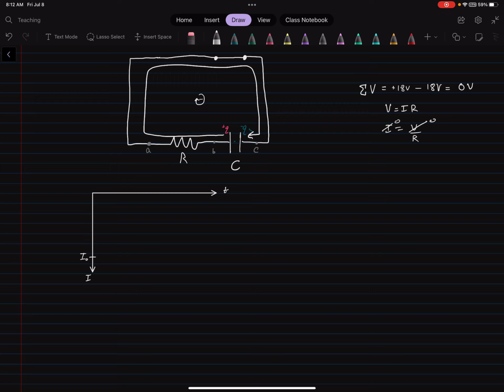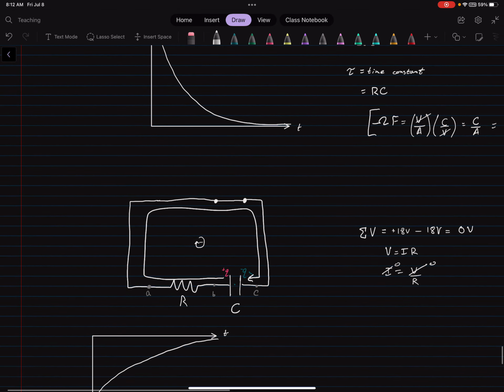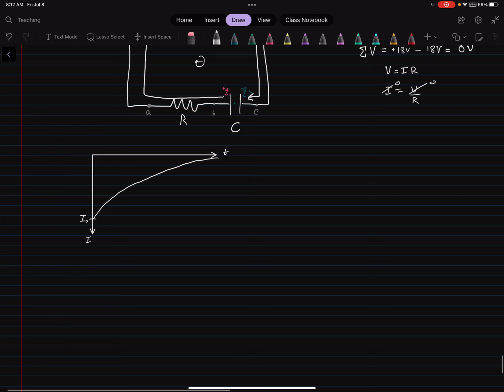So the current is negative at the start, and then it slowly decreases according to an inverse exponential function here, right? All right. And so what that looks like is I as a function of t is equal to I naught e to the negative t over the time constant RC, or tau.